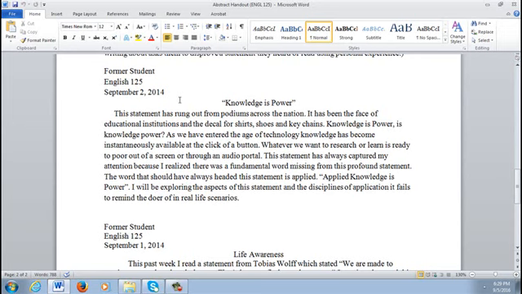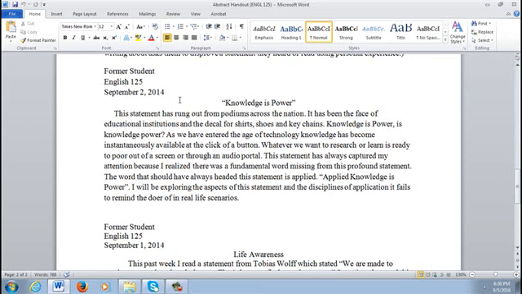This student earned the check grade for this abstract. And you'll see that the focus is clear because the student specifically states the phrase on which the essay is going to focus.